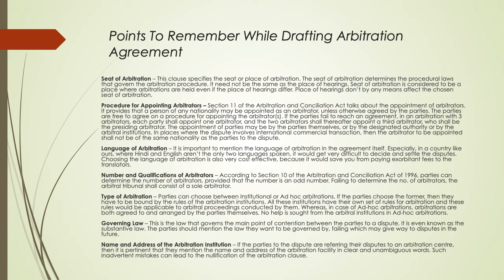If the parties fail to reach an agreement in an arbitration with three arbitrators, each party shall appoint one arbitrator, and the two arbitrators shall thereafter appoint the third arbitrator, who shall be the presiding arbitrator. The appointment may be by the parties themselves, or by the designated authority, or by the arbitral institutions.